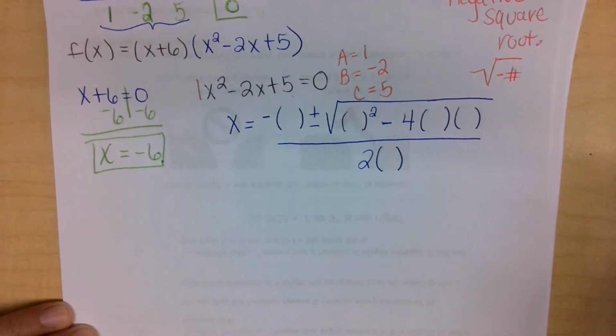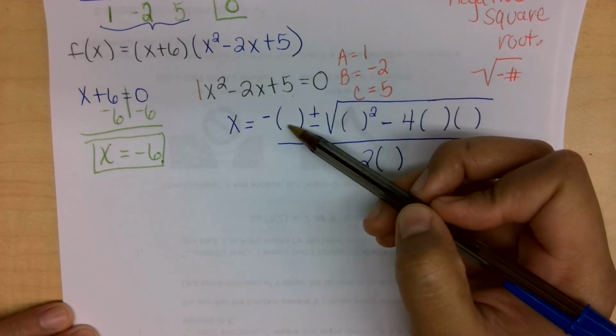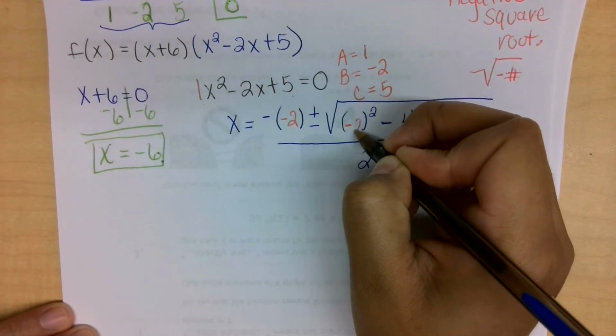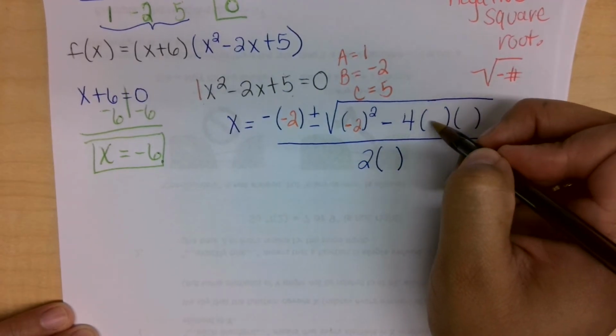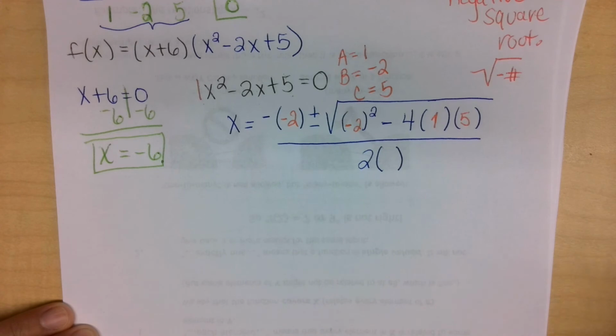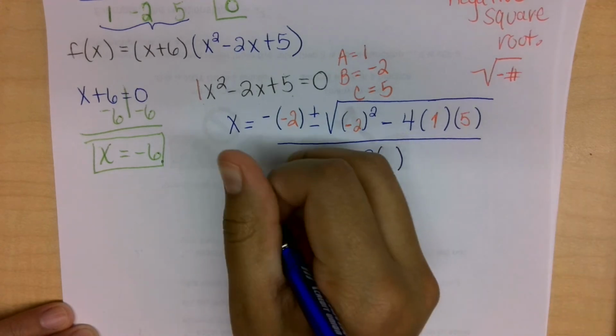And with these type of problems, it's very important that you don't make an algebra mistake with the positive or negative, because it just messes you up completely. So this is a b. B is -2. This is a b, which is a -2. This is an a, which is 1. And this is a c, which is 5. And now we're going to solve.